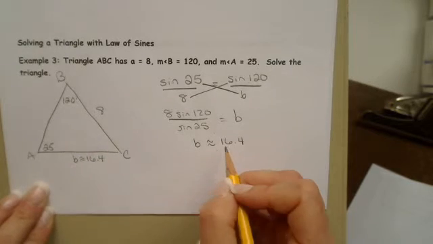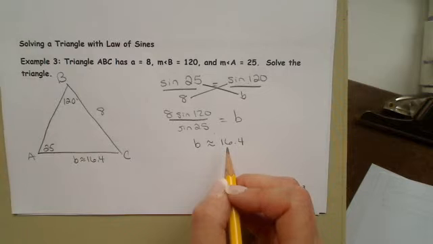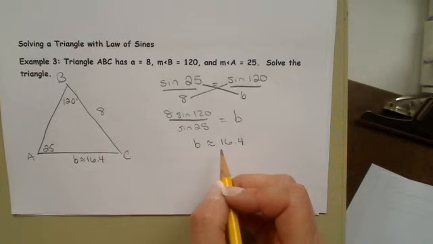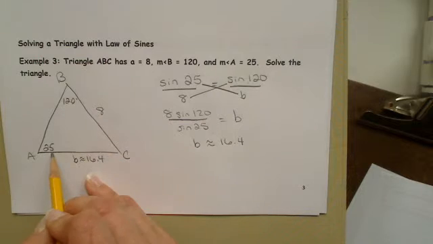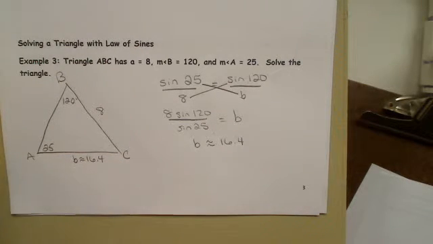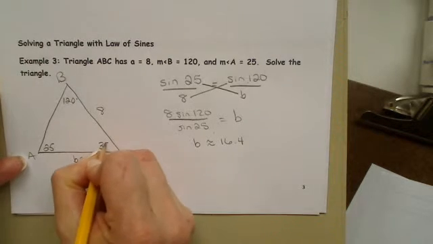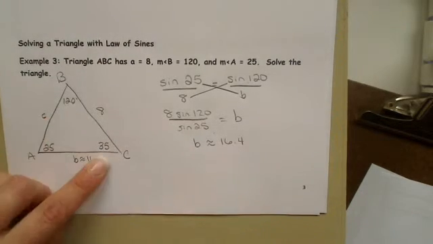whatever units those are. Okay, solving the triangle, we're not going to quit until we're done with all the sides and angles. So if I take my calculator and I'm going to subtract, well, this is 120, this is 25, that's 145, which means if you do 180 minus 145, you should get 35 degrees for the unknown angle here. And then I can set up another law of sines to get this missing side, c.